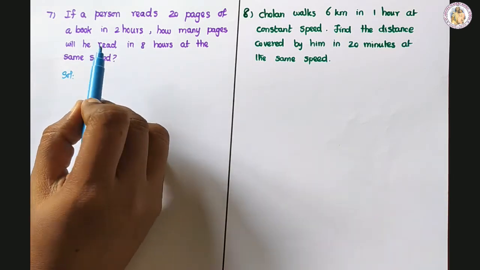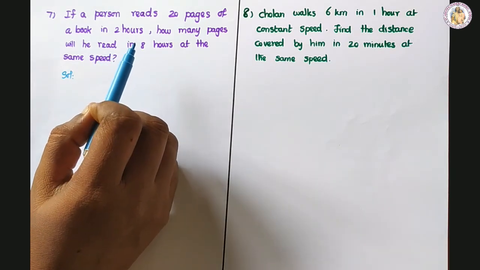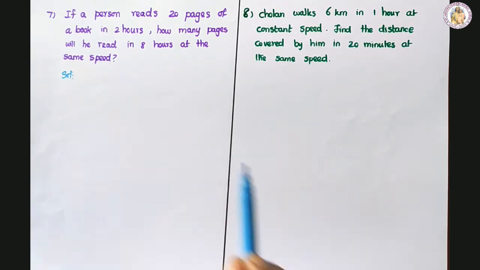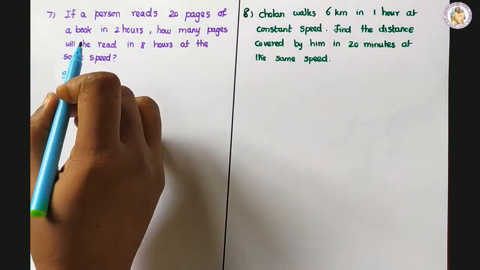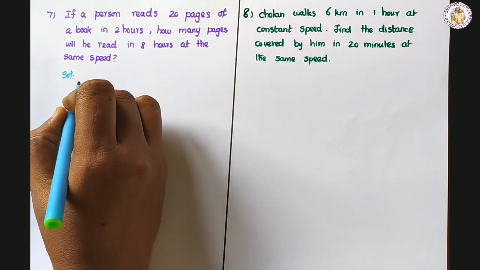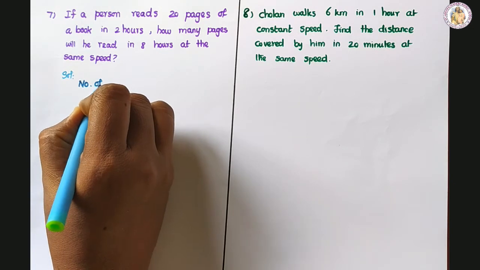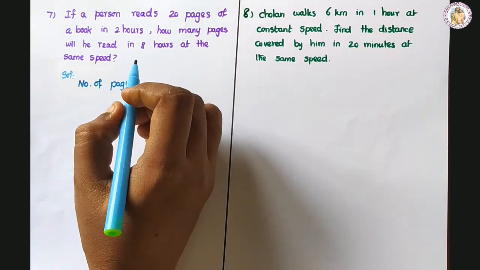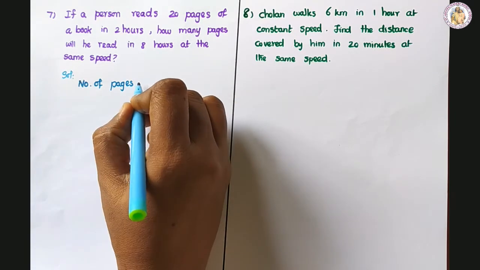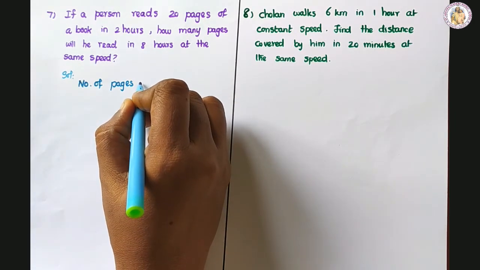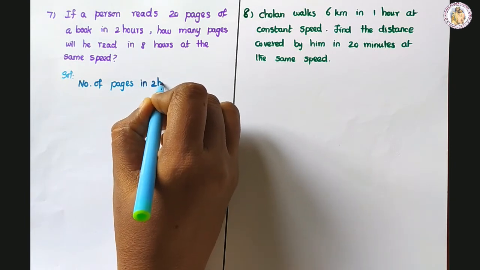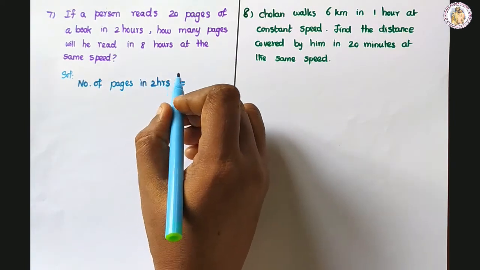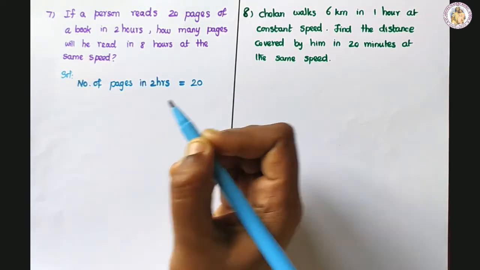That means we want to find out how many pages he can read in 1 hour. Number of pages he can read in 2 hours, that is 20 pages.